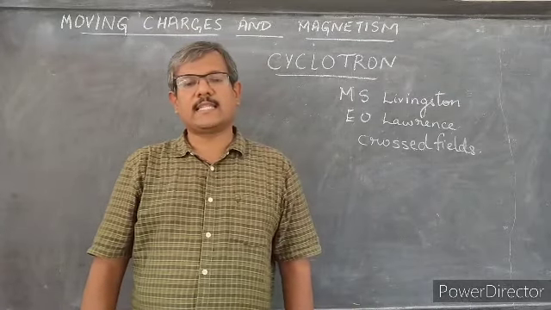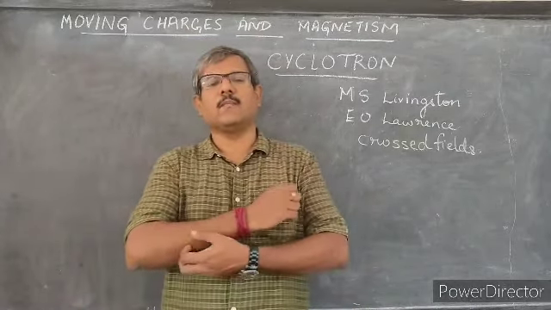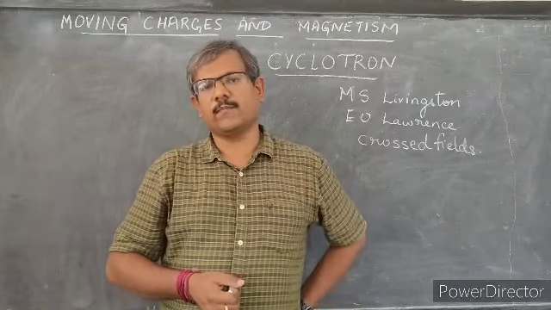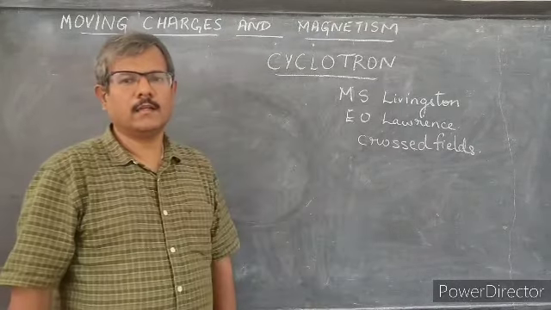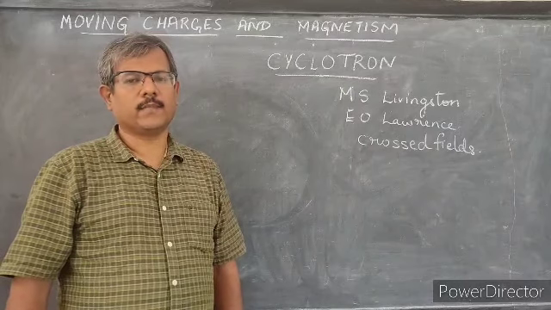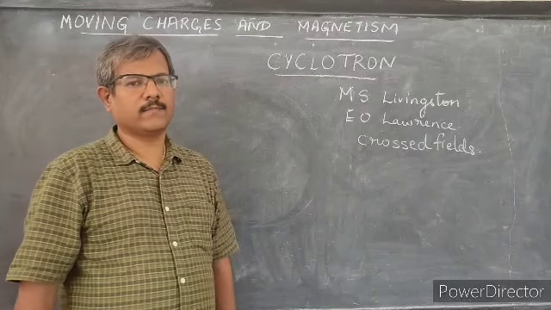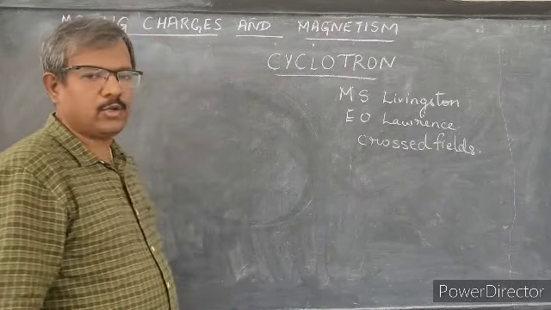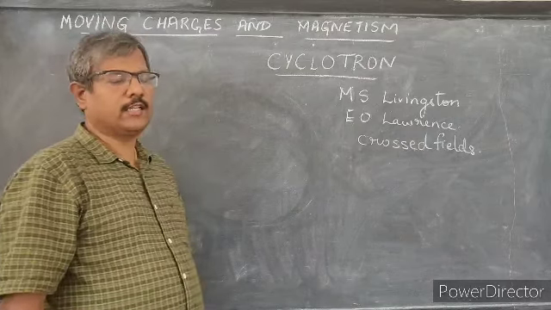So crossed fields is the principal basis on which a cyclotron is designed. A cyclotron is a simple device made out of two semicircular discs.